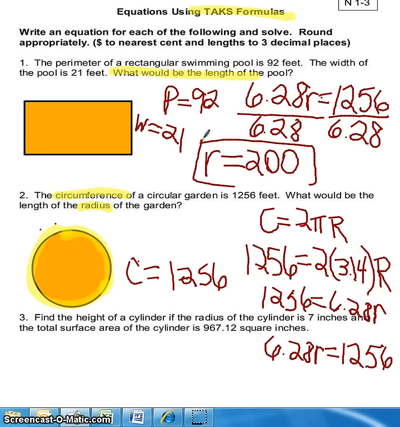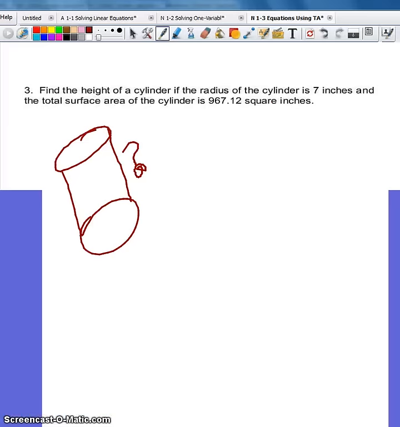Okay, let's go on to number 3. Now I want to find the height of the cylinder if the radius of the cylinder is 7 inches and the total surface area of the cylinder is 967.12 square inches. So I'm going to again look at my keywords.